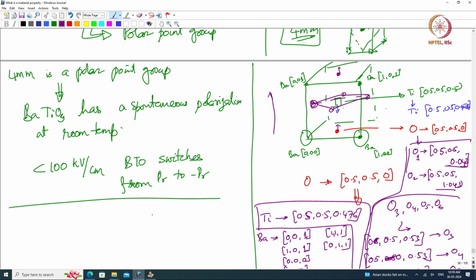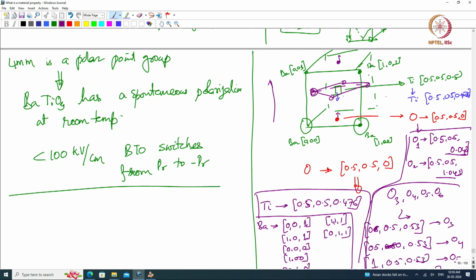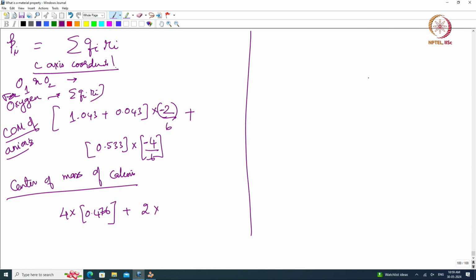So the center of mass of barium, with 2 as the charge on barium, times 0.5, will be just 0.5.